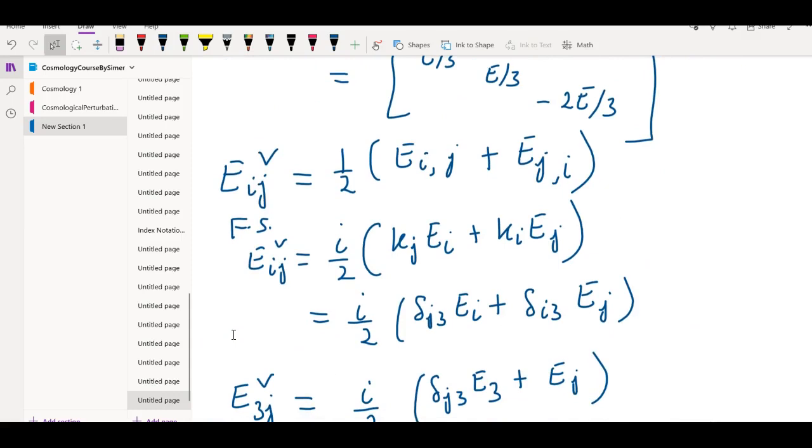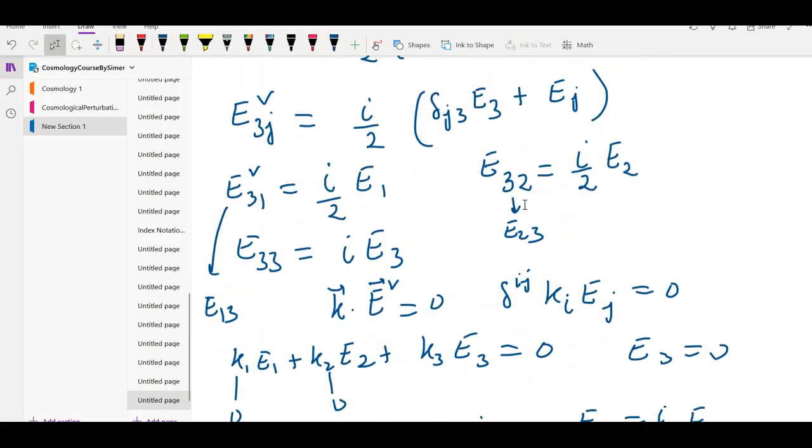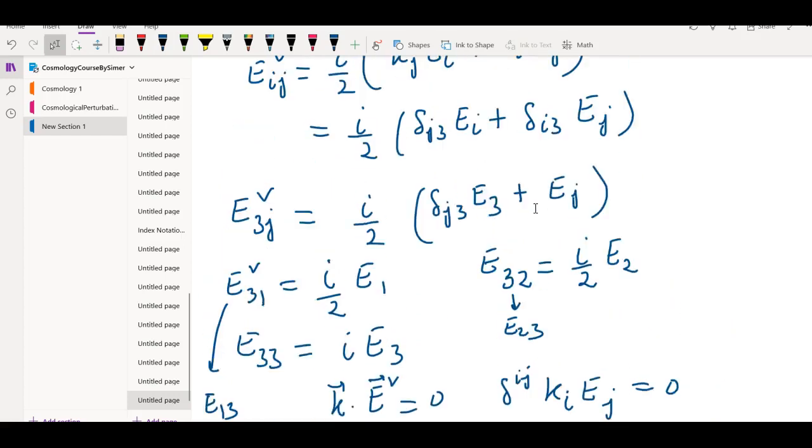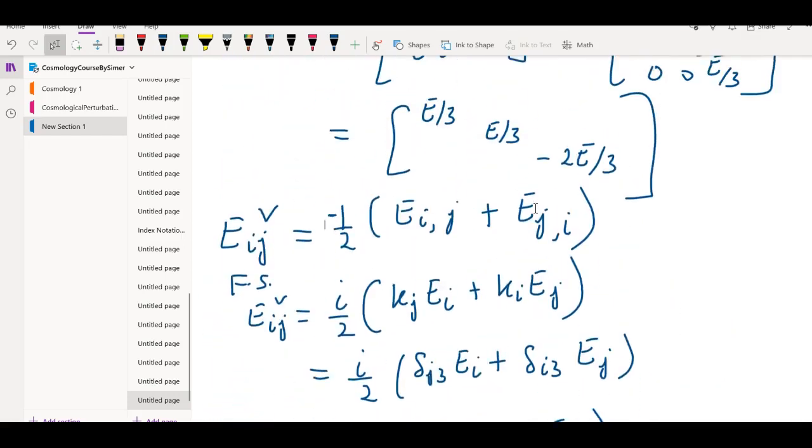Sorry, I need to make a correction in one of my previous lectures. I said that EIJV is equal to half EI, according to the convention which I have seen in Helsinki notes. Here it should be minus 1 by 2. So it's just a convention for some maybe mathematical convenience, and we'll see.